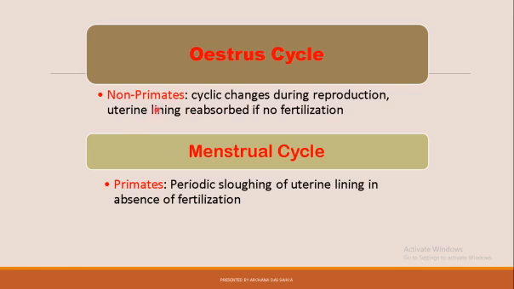Now coming to animals. We have two types: oestrus cycle and menstrual cycle. Now what are these? These are actually the reproductive cycles occurring in the female individuals of such organisms. In non-primates, now what are non-primates?